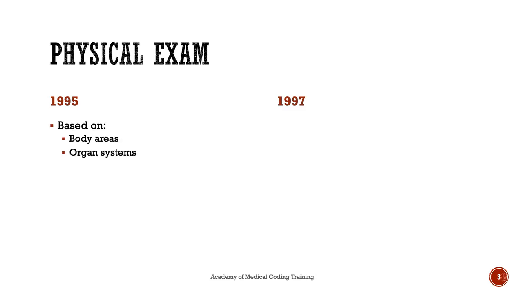The 1995 guidelines are based on two things: body areas and organ systems. This is the most frequently used guideline for the physical exam because it is beneficial for providers, as it is more or less a general examination rather than a specific one.